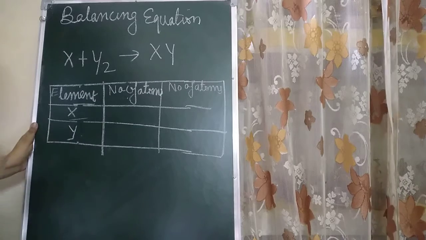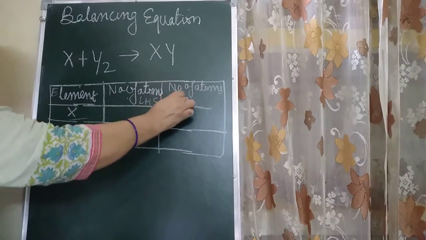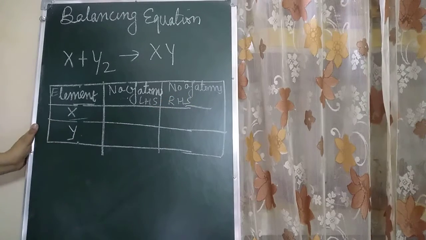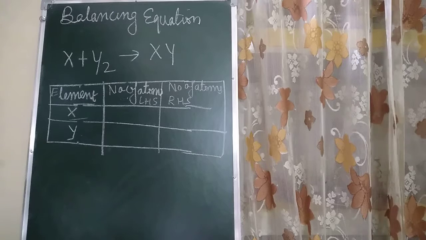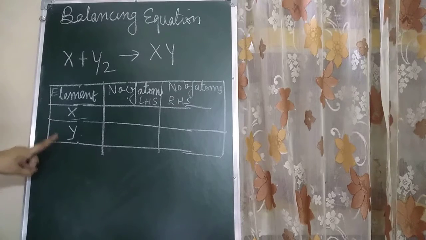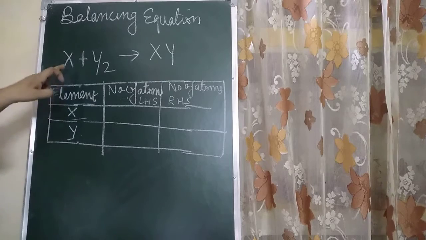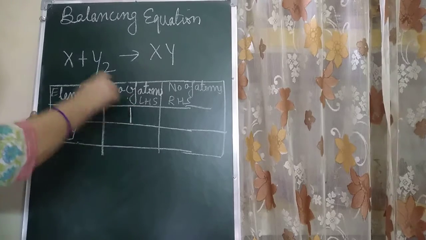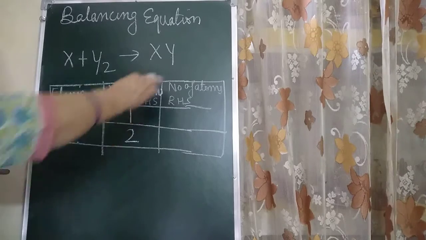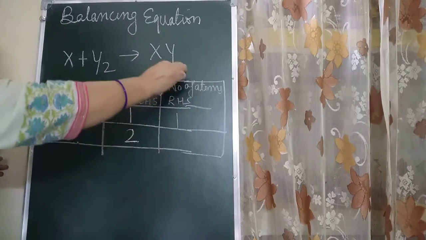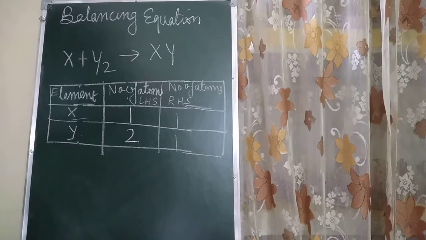Here it is left hand side and here it is right hand side. How many atoms in the left hand side for X? 1. For Y it is 2. Now in the right hand side, for X also 1 and for Y also 1, children.